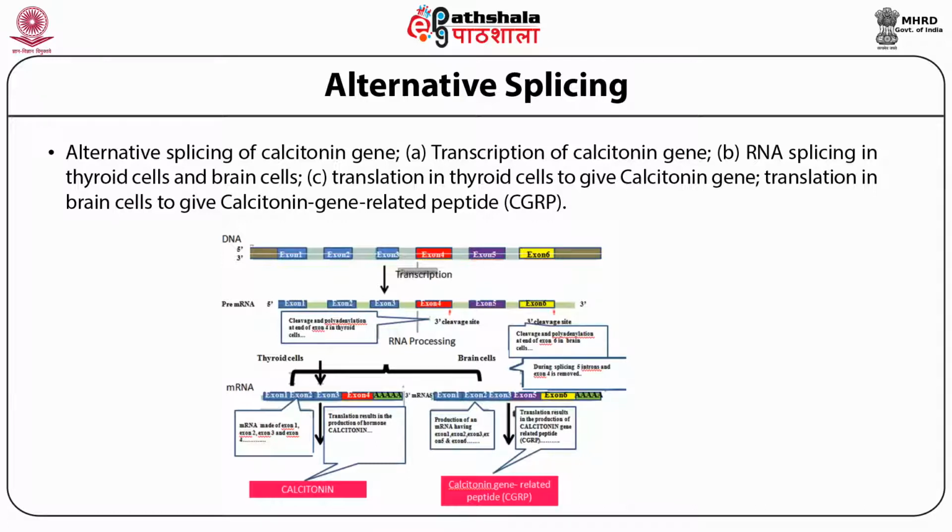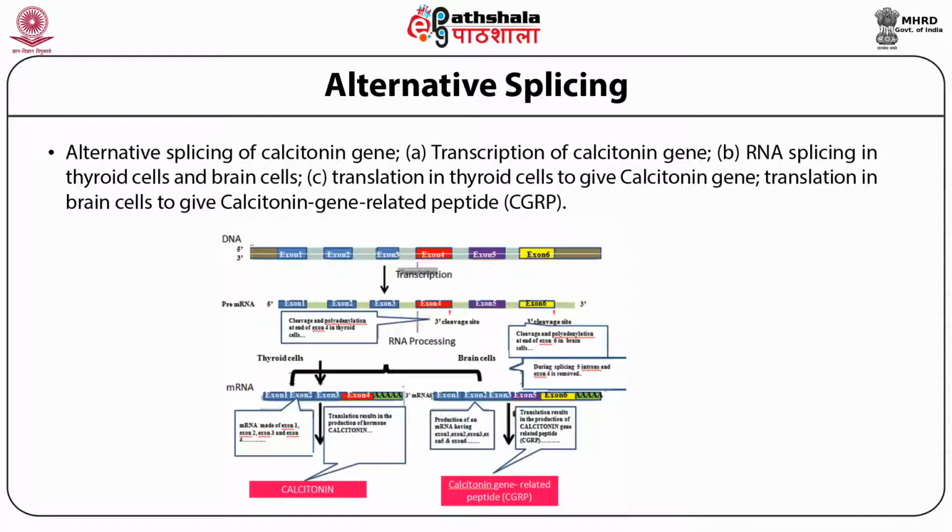pre-mRNA. The product depends upon the site, that is, thyroid cells or the brain cells, where the RNA processing takes place. In the thyroid cells, the cleavage takes place after the 4th exon, producing a mature RNA consisting of exons 1, 2, 3 and 4, which is translated into the hormone calcitonin.